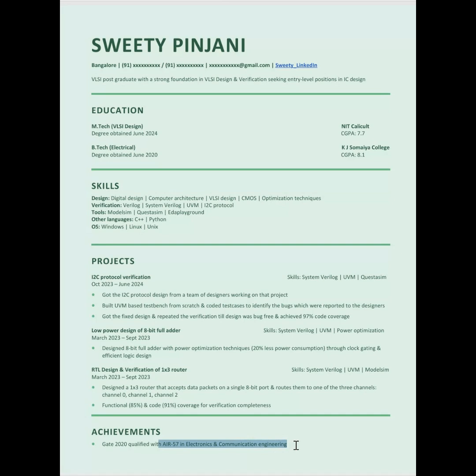Now one question can come: why was there so much gap between BTech and MTech? Like, why did the candidate take the gap? So the candidate had some personal reasons. You should tell whatever reasons, maybe your health issues, or maybe there was some problem in your family due to which you had taken a break.